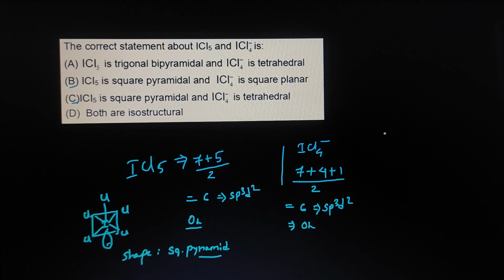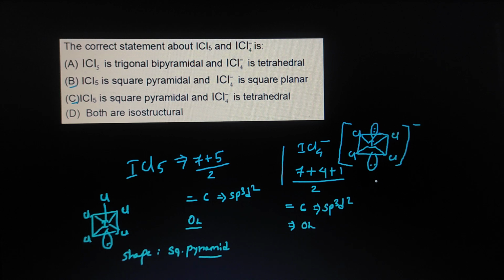If we draw the structure of this compound, I and 4 Cl atoms are on this side, and 2 lone pairs are present around the central atom iodine, and the overall charge is minus.